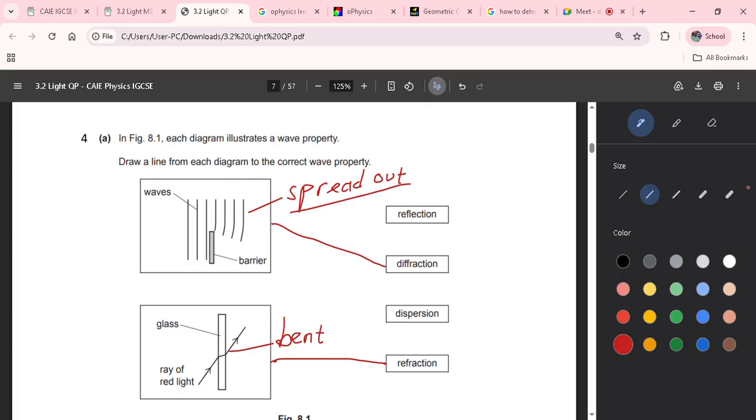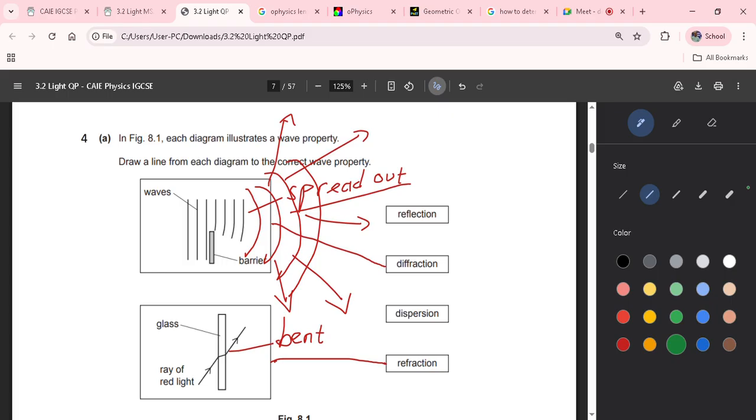And if we continue, it will be like this. Continue, it will be like this. It's spread out, going to that, going to that. So it's spread out, and the spread out of wave we call diffraction.